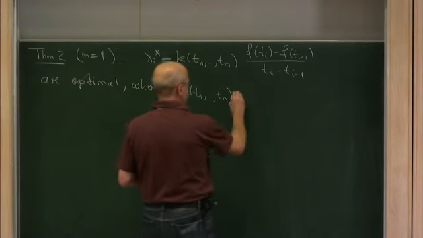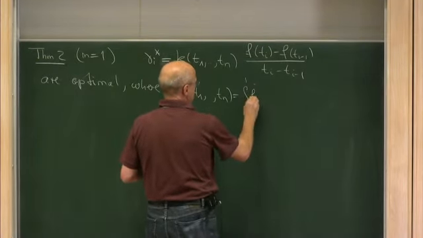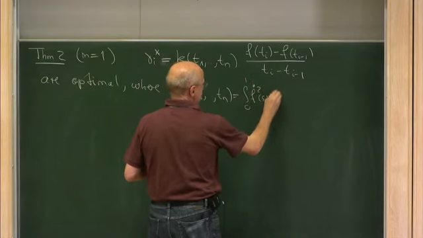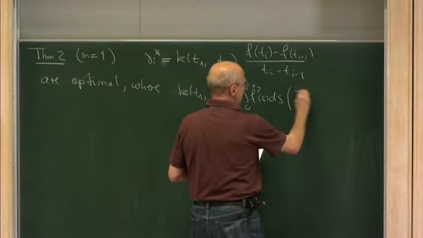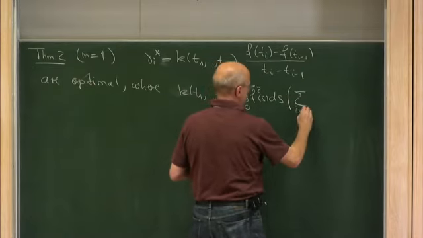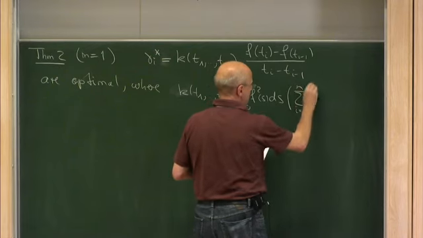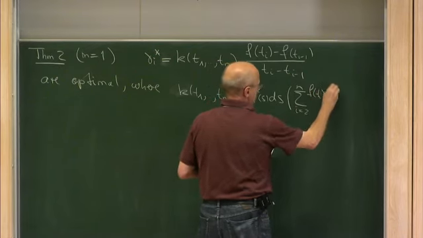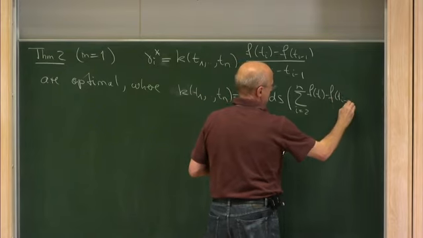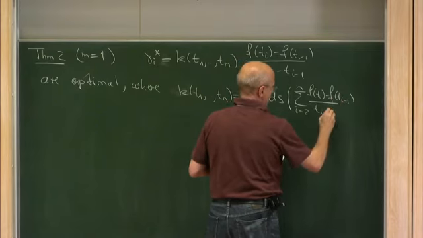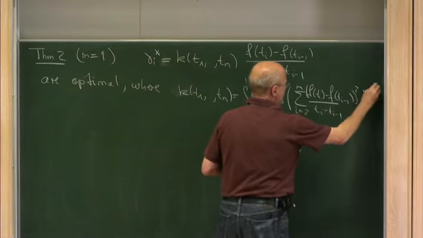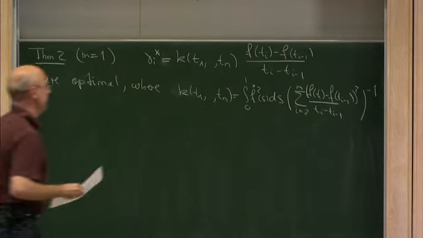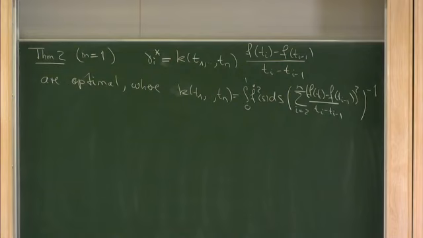It's just the integral from 0 to 1 of f dot squared of s ds times the sum of these guys squared. It's just a normalization, so you can forget about it, but I need it later once again. That's the reason why I write it.